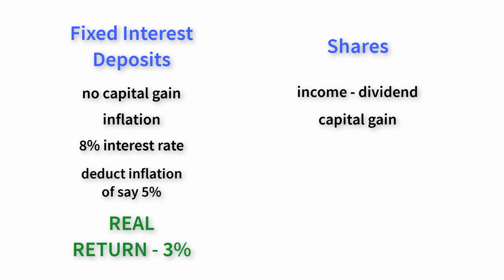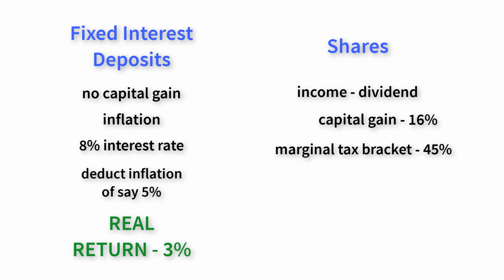In South Africa, capital gains tax is a factor, but it is much lower than income tax. If you are in the marginal tax bracket, then you are paying as much as 45% of your income in tax. Capital gains tax is only 16% of whatever capital gain you make.